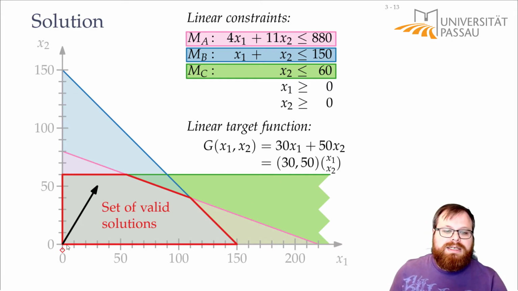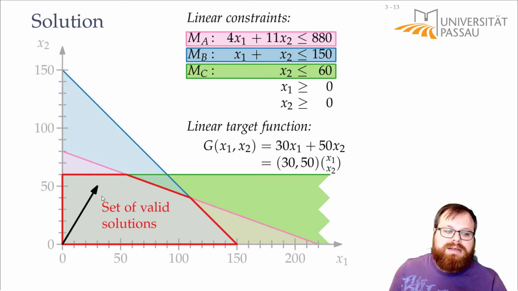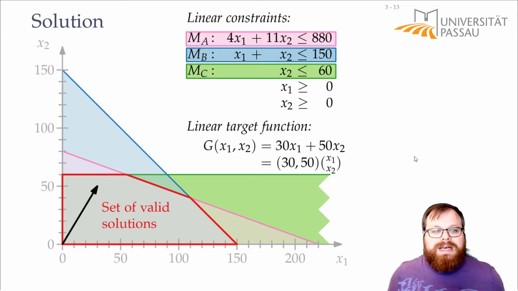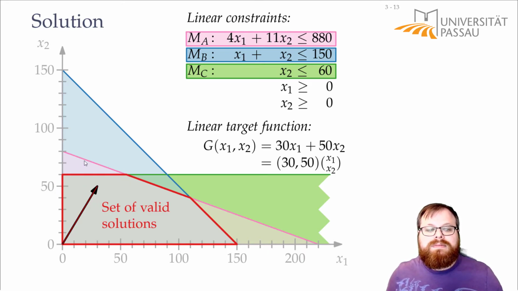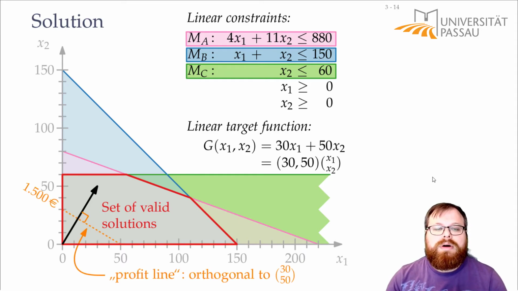If we place it here, it's basically a vector, the cost vector 30 times x1 plus 50 times x2. It's exactly this vector here. So basically we want to maximize along this vector within this space. To do that, we can take the orthogonal of this.